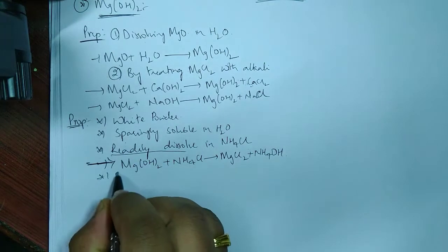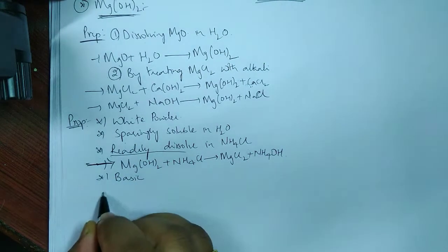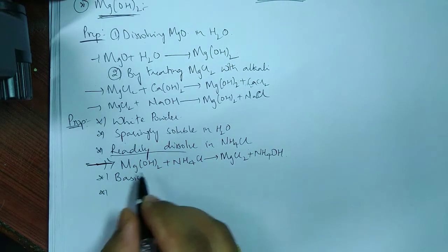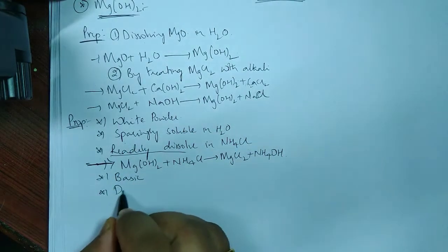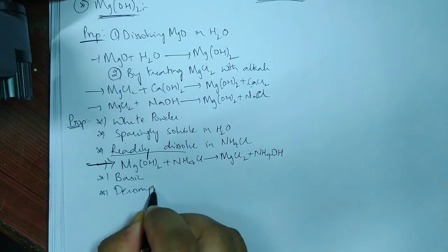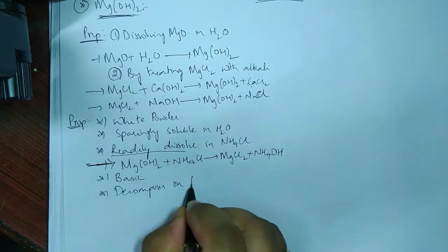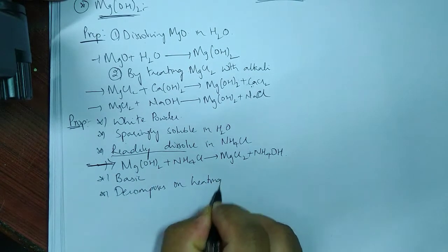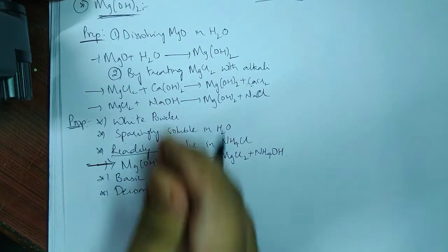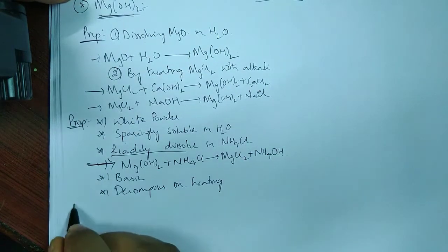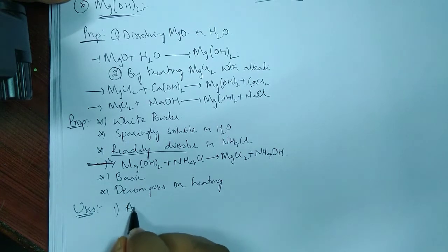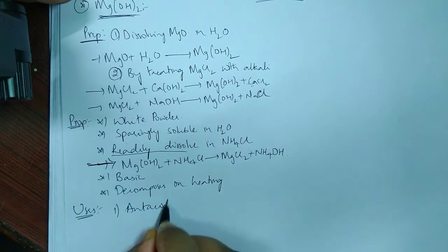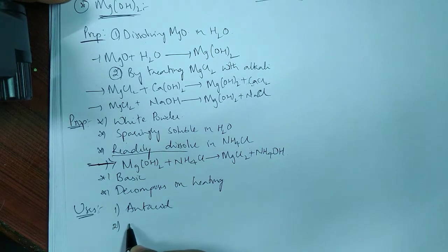Then it is basic in nature, undoubtedly we know that, and it decomposes on heating. Fine. So these are the properties, and now uses. A very simple use: it is used in preparing antacids, in the form of milk of magnesia.